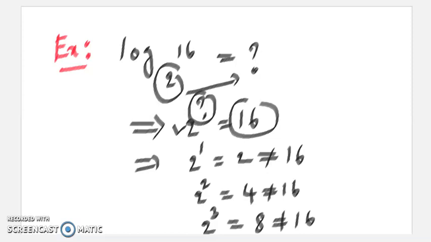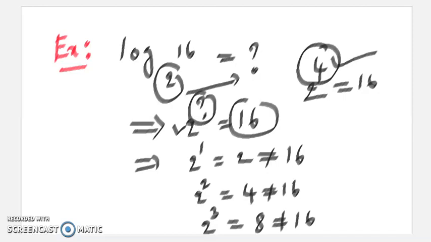Now 2 raised to the power 4 is clearly 16. That's why the question mark value is 4. The value of logarithm of 16 with the base 2 is 4.